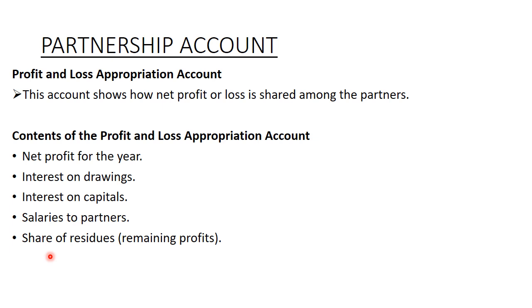I'll show you exactly what to add and what to subtract. But the point is, the net profit has to be adjusted to account for the interest on drawings, the interest on capitals, and salaries to partners. What remains after the adjustment is called the residual, or the remaining profit. This remaining profit now has to be shared. This is the main goal of the profit and loss appropriation account.